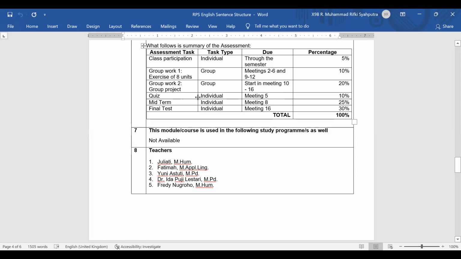The quiz will be done individually in meeting 5, and the percentage is 10%. The midterm will also be done individually in meeting 8, and the percentage is 25%. The last one, the final test, will also be done individually in the last meeting, meeting 16, and the percentage is 30%, so the total is 100%.